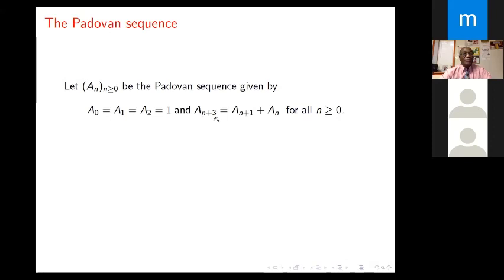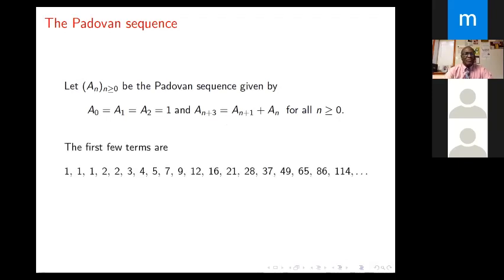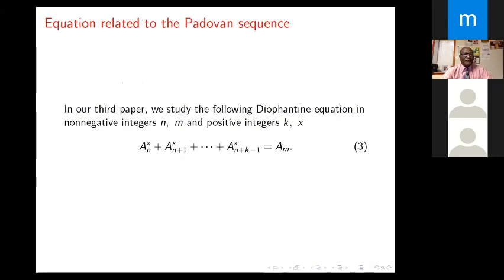Here we have n plus 3. So there is a difference in the recurrence relation of the Padovan sequence. There is another sequence very close to the Padovan sequence called the Perrin sequence, but we didn't study that. So here are a few terms of the Padovan sequence.